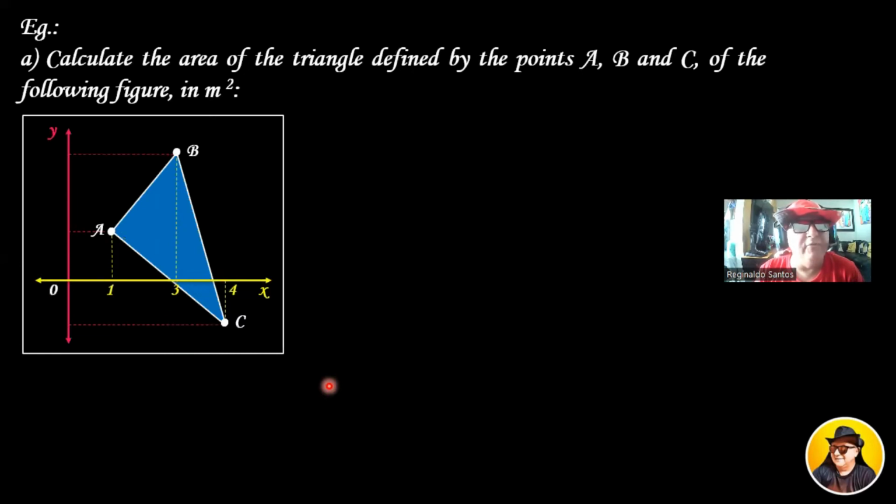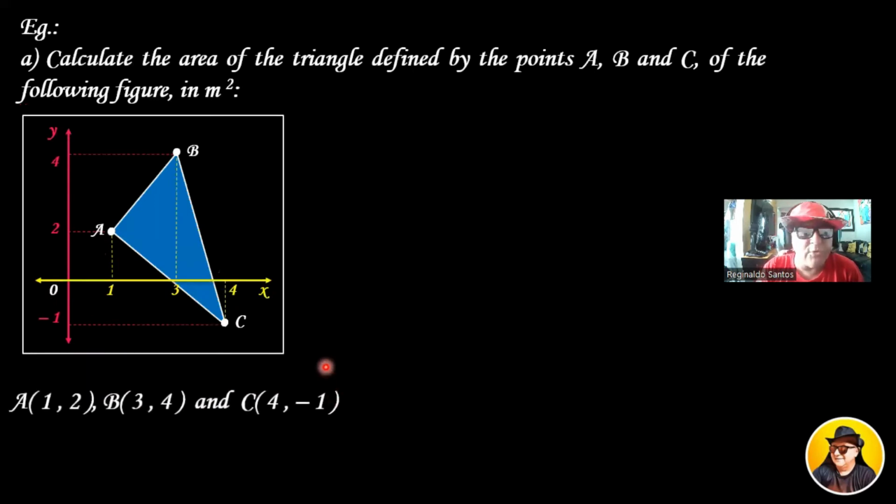Okay, so 1, 3, and 4, and -1, 2, and 4 are the coordinates. So let's get all the red points.